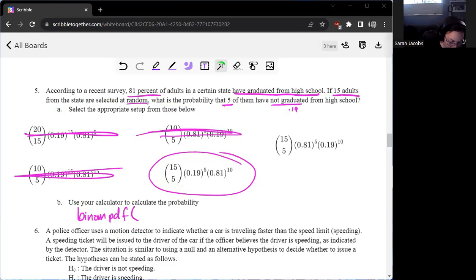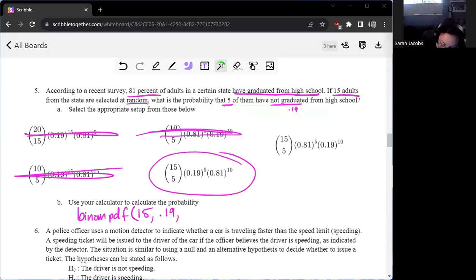So binomial PDF, so we go into our VARS menu. It's option A. There are 15 adults, so that's our number of trials. The probability that we're looking for is 5 of them that have not graduated. So we're going to use the 0.19 because that's the probability of what we're interested in.